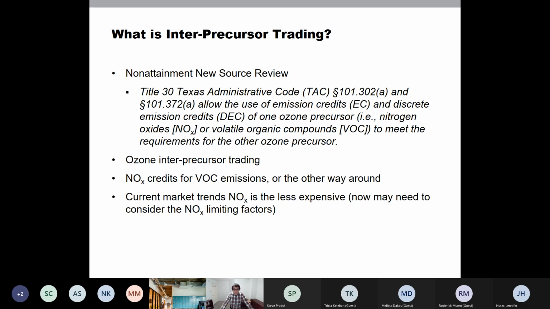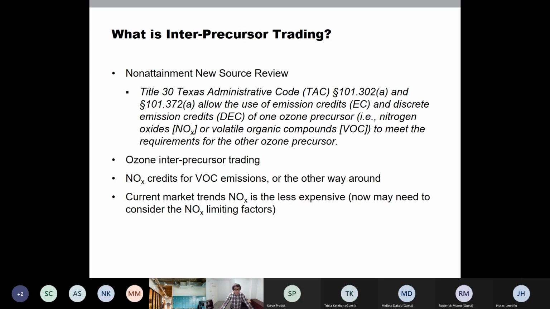Now we may need to consider the NOx limiting factors to make this statement. An example is here in the Houston area, where we are limited by NOx. Typically, modeling will tell you that if you retire 1 ton of NOx, you're probably getting the benefit of more than 1 ton of VOC retirement.